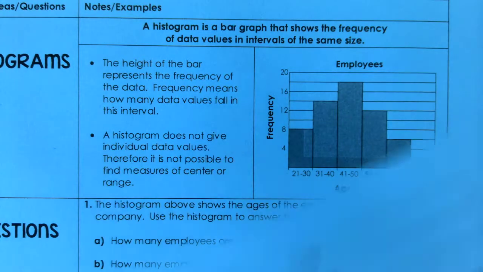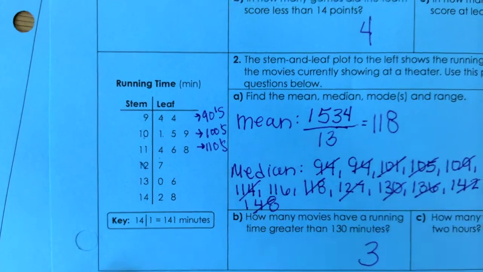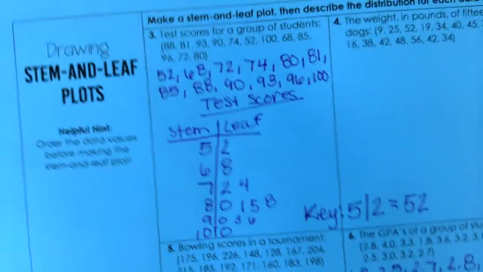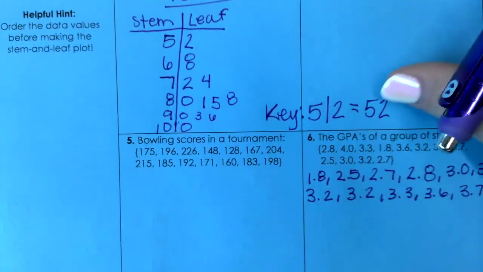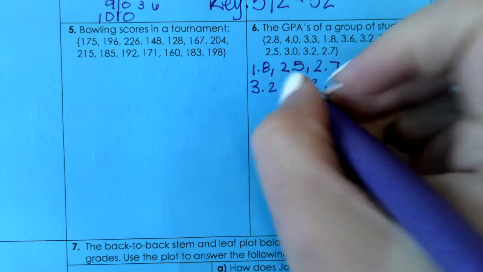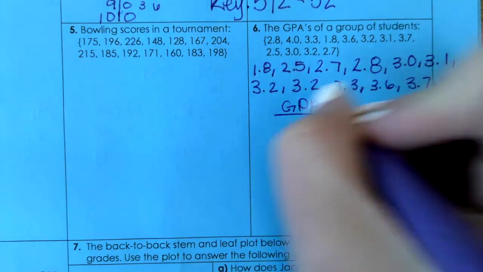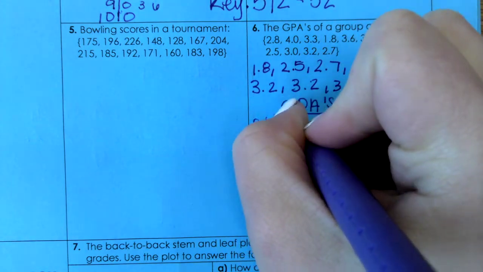So like you see on the front here, how they gave us this key right here? Oh, yeah, I get it now. That's what ours is on the back here. So on this one, I'm going to have my stem. So this would be my GPAs. I'm going to have my stem.